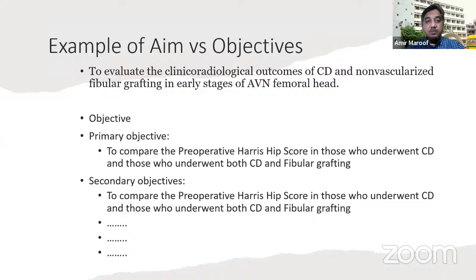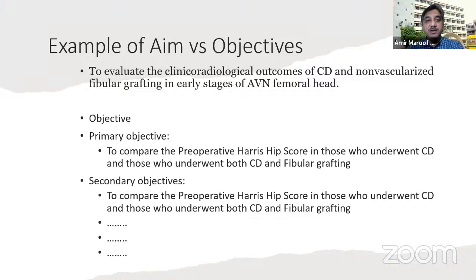I have converted the aim here. The primary objective of the study is to compare the pre-op and post-op Harris Hip Score in those who underwent core decompression and those who underwent both core decompression and fibular grafting.